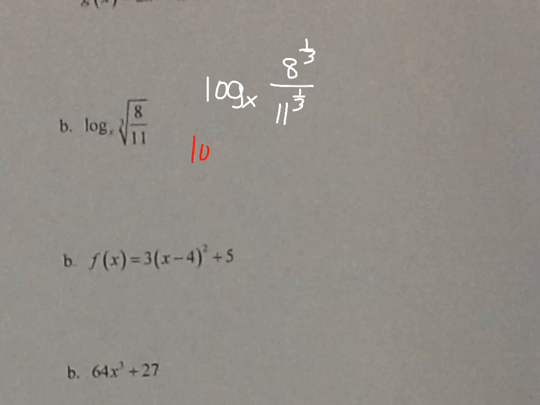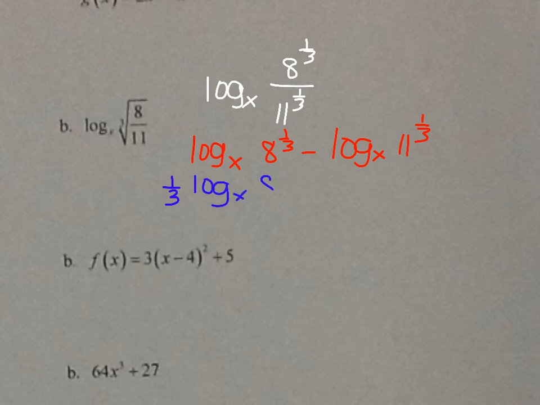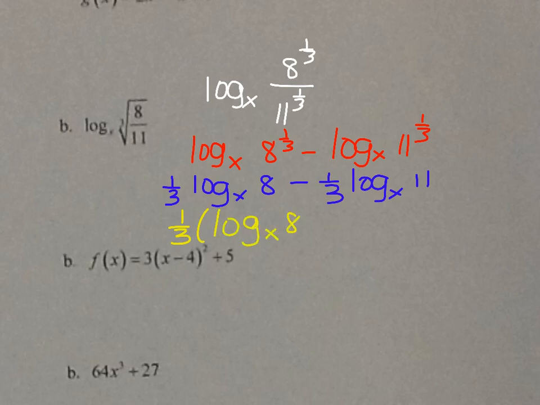All right, so we have log base X of 8 to the 1/3 power minus, because it's division, log base X of 11 to the 1/3 power. Exponents go in front, 1/3 log base X of 8 minus 1/3 log base X of 11. And remember, this can be written, if we factor out the GCF of 1/3, 1/3 log base X of 8 minus log base X of 11.